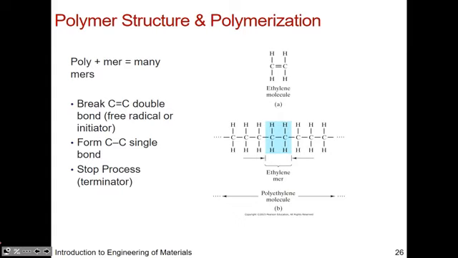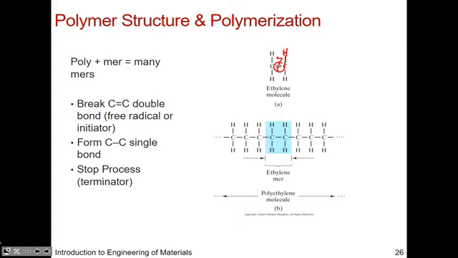Here is an example of an ethylene molecule where there's a double bond between the two carbon atoms. And then each carbon atom is bonded to a hydrogen atom covalently. And so here you have covalent bonds in the molecule. And in order to form a polyethylene polymer, you need to break this double bond.